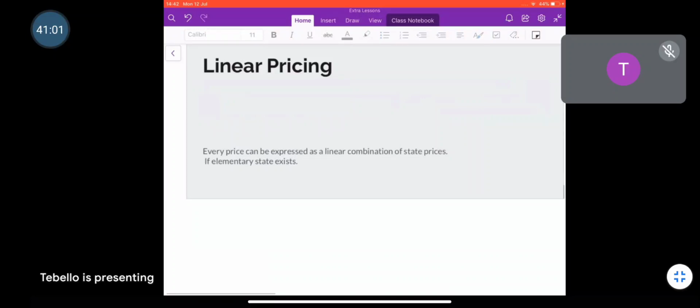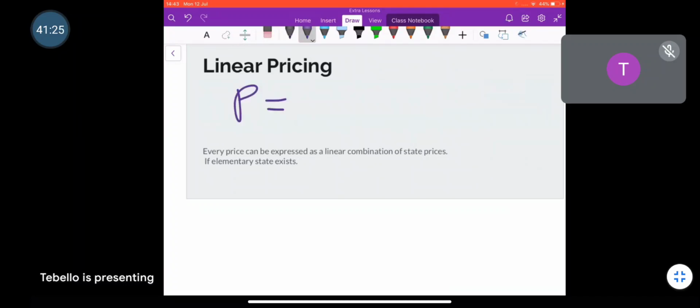So linear pricing says that every price can be expressed as a linear combination of the state prices in its elementary states, right? So how do we write this? We say that every price can be expressed as a linear combination of what?